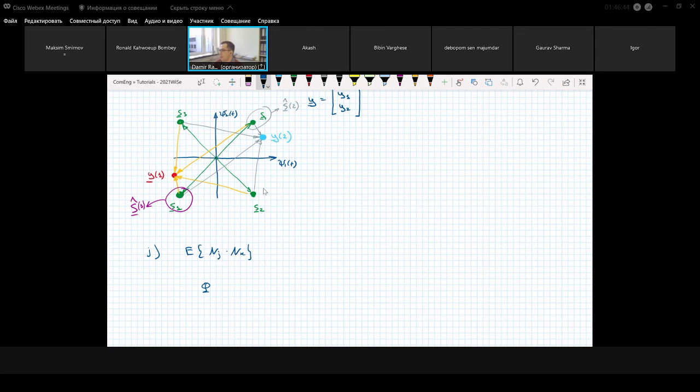It's statistically unimportant what happens on threshold, because the width of the threshold is infinitely small, and as a result we can just ignore all the effects that happen on threshold. Okay, we have power spectral density equal to N0 over 2.